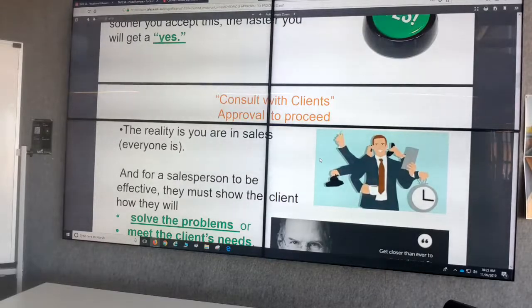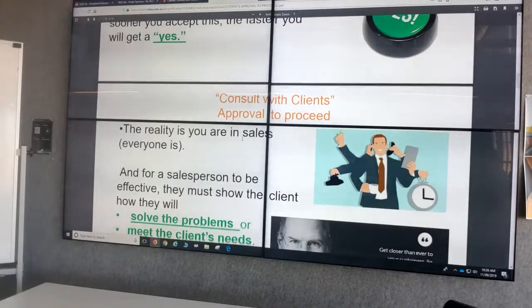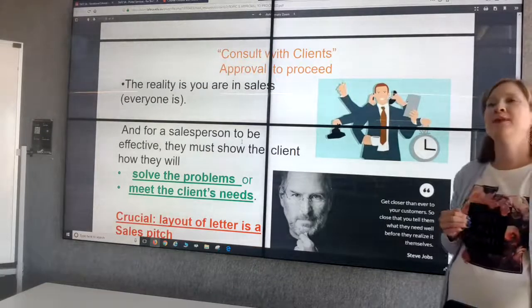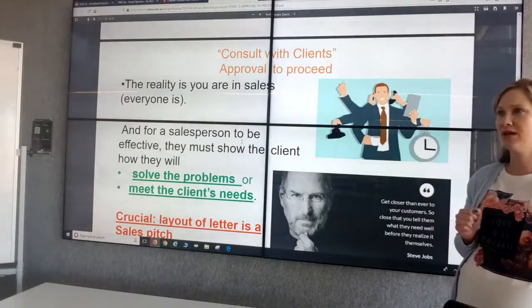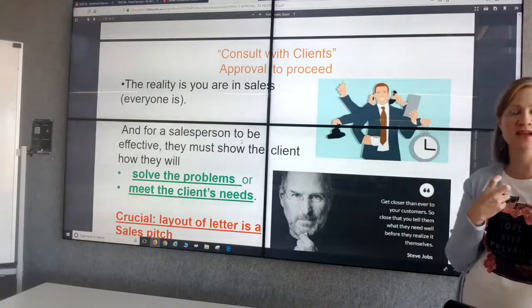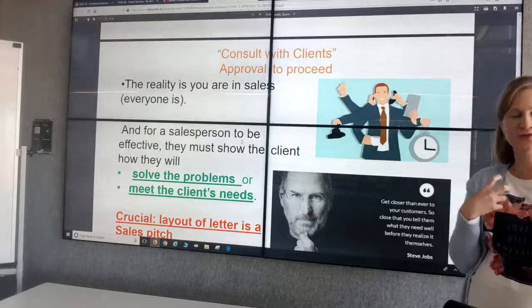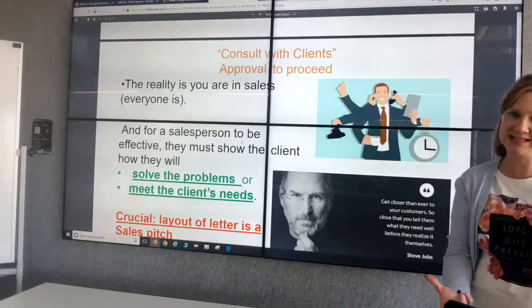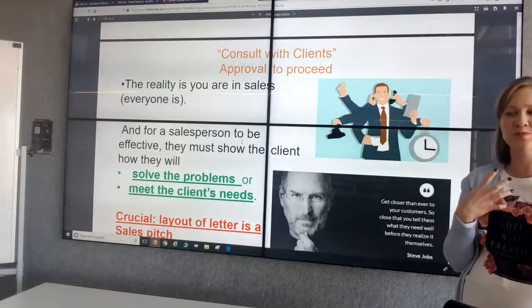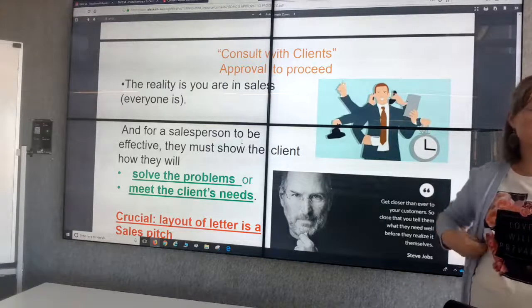So the reality is you are in sales. That's what I started with in the first slide. The sooner you can grasp that idea, the easier it becomes. So as I said to you, if you feel that you have maybe not great connection skills, or that you can't really communicate, or you feel shy in terms of presenting something, then get involved with a personal coach or a business coach.